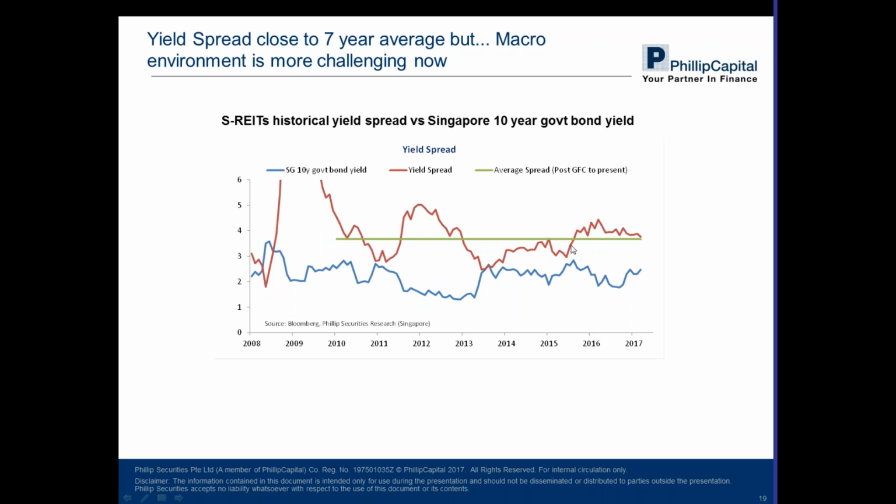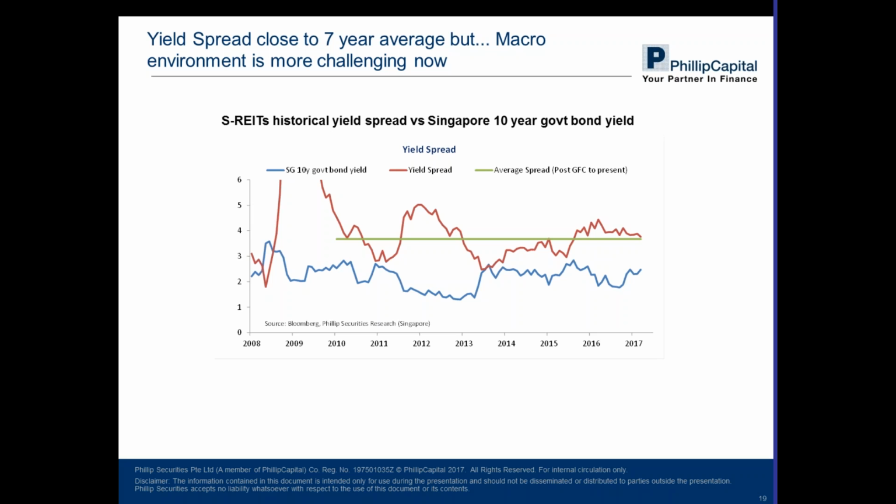If you look at the red line, the yield spread, starting from the second half of 2015, it has been trading above the green line, which means that the yield spread has been above the 7-year average. I think that reflects that was when the Fed started its first rate hike, and that reflects the general macro environment that we are in.